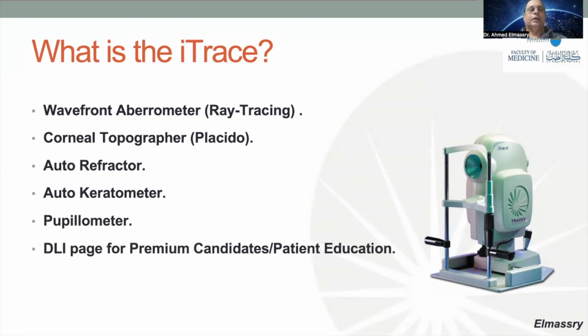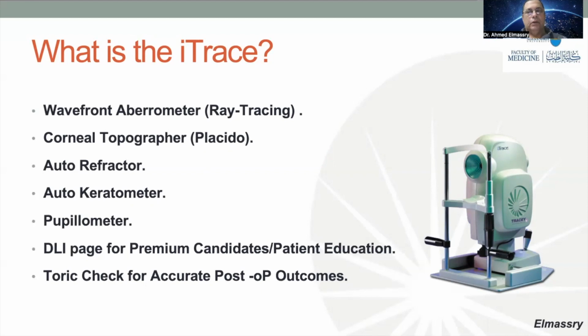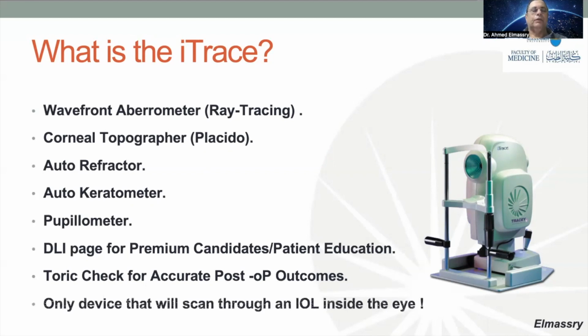And it has the DLI, which is the abbreviation of dysfunctional lens index, page for premium candidates and patient education. It's very important to check the toric accuracy after surgery of toric IOLs or toric ICLs without dilatation of the pupil.